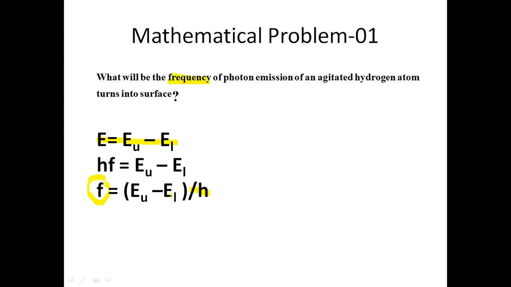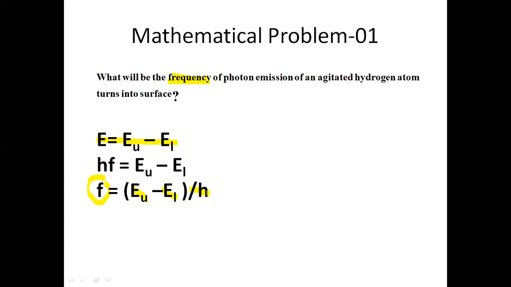And EL is the lower level or ground level energy, and EU is the upper energy level. We know the values of the upper energy level, the lower energy level, and the Planck constant.